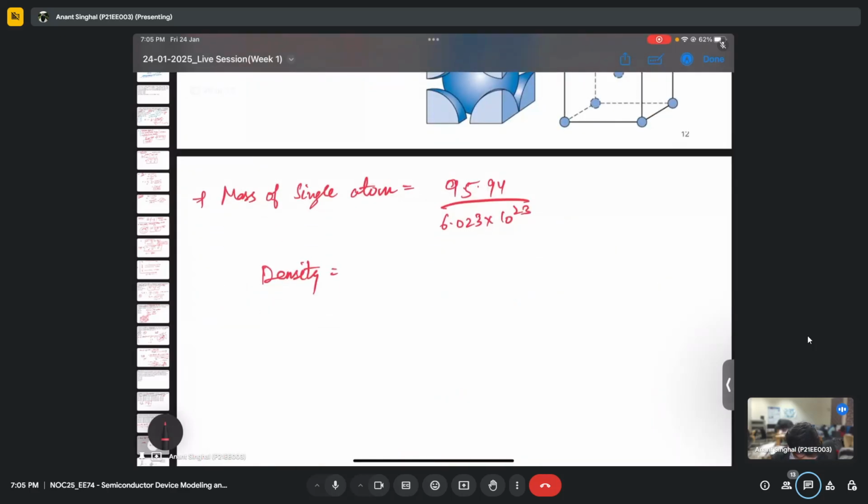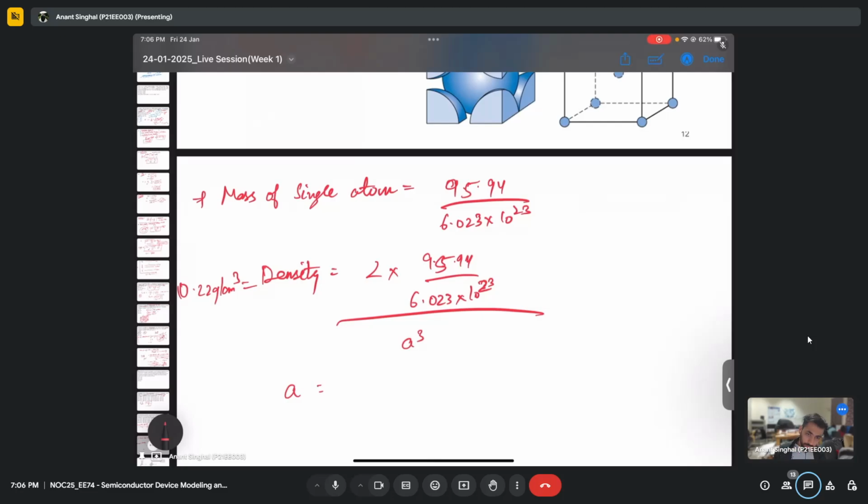So density is 2 times 95.94 divided by 6.023 times 10 to the power 23, divided by A cube. A is not given, but density is given. So this equals 10.22 gram per centimeter cube. Let's try to find A now. Again, we need to do a lot of calculation.